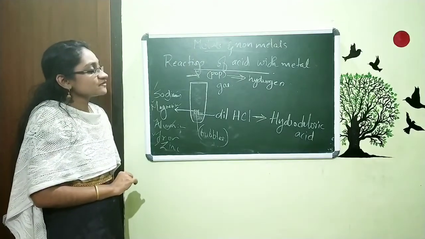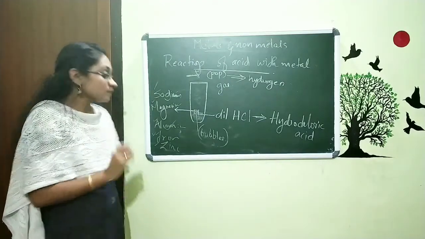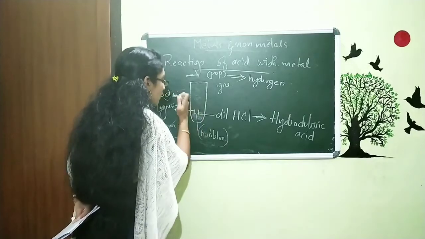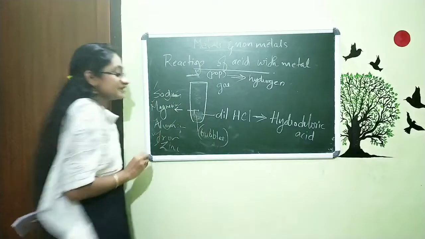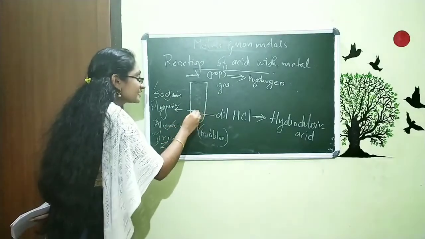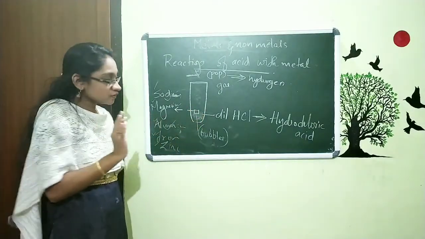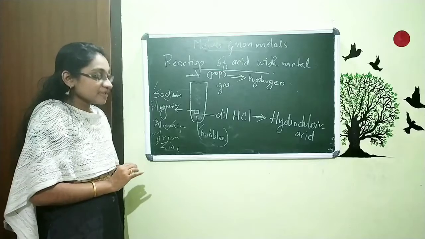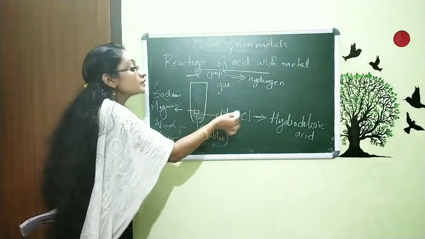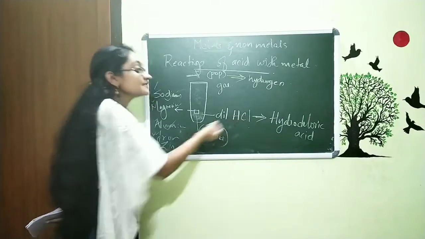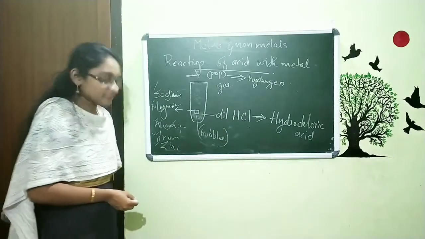And now the question is, what about the copper? When we are putting copper metal in this dilute HCl, what happens is that no bubbles are forming. That means no reaction takes place between the dilute hydrochloric acid and the copper.